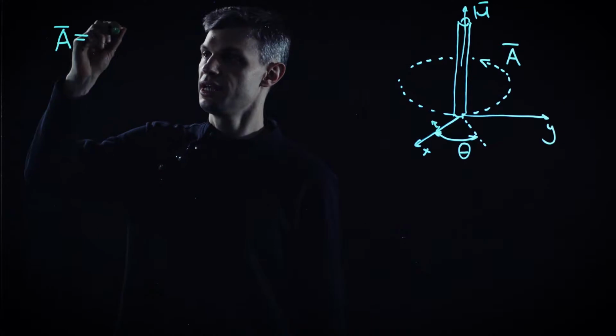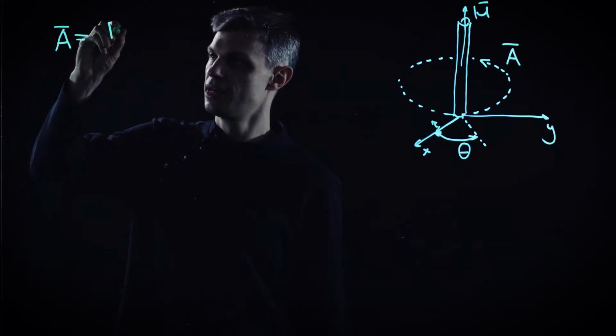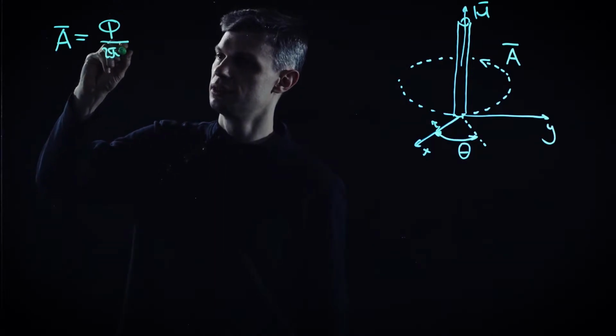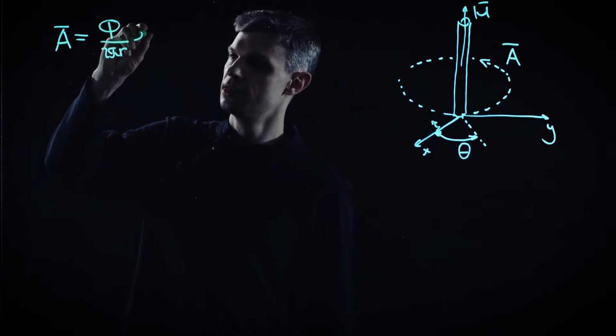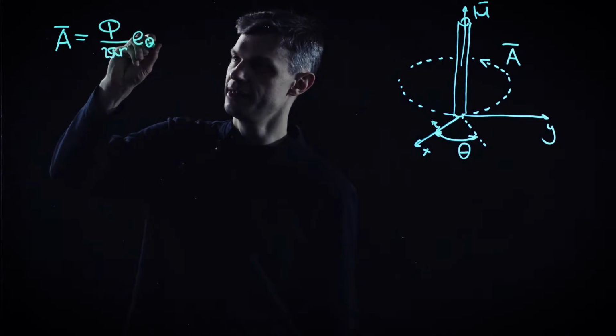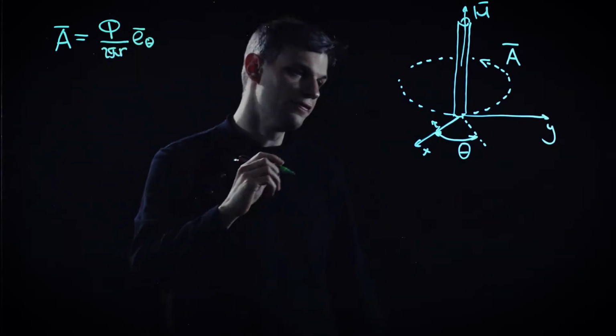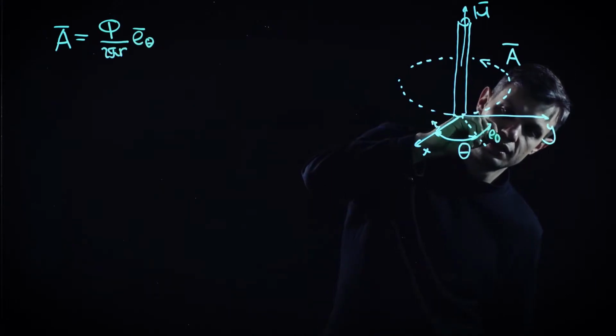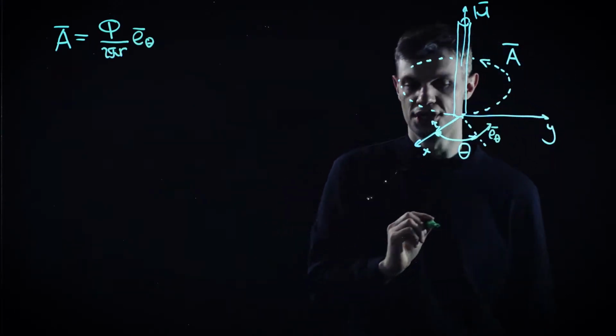And the vector potential is given by the following formula. It's Phi divided by 2 pi r times e theta, where e theta is the unit vector directed along this polar rotation direction.